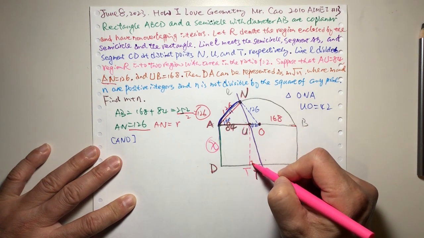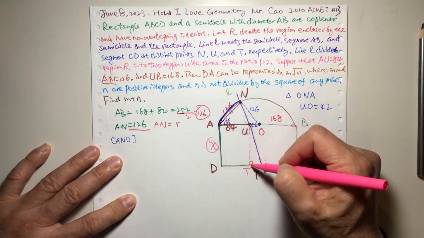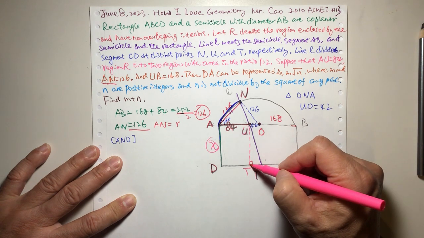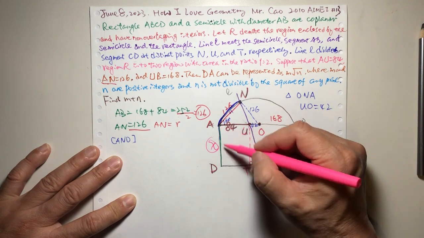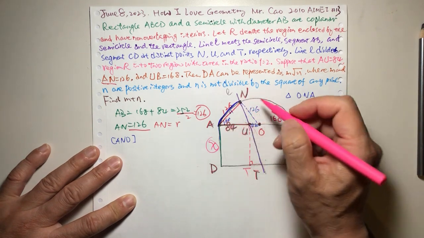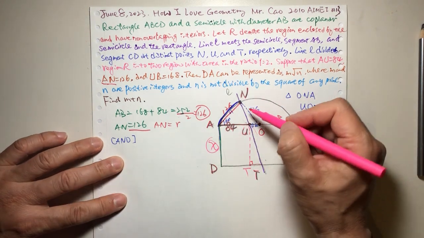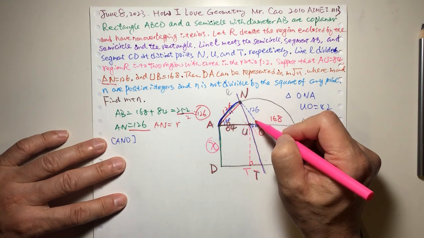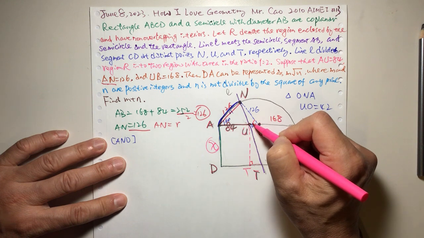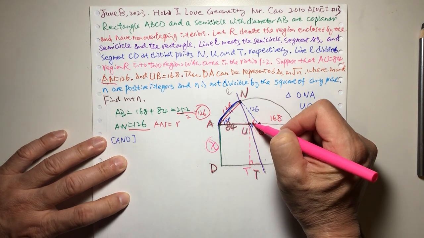This is a right triangle, and for this right triangle we just multiply this times this and 1/2 to find this part's area. For this other part, ANO is an equilateral triangle, so this is also 60 degrees, right?